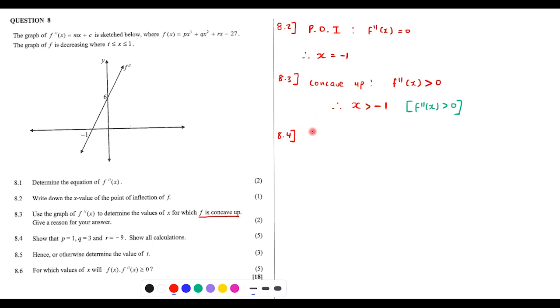First things first, we need to have the equation of our second derivative, right?